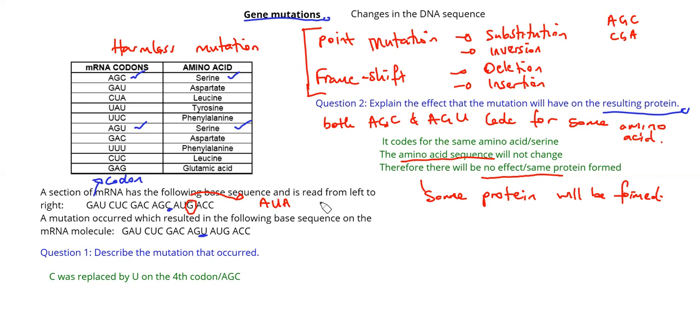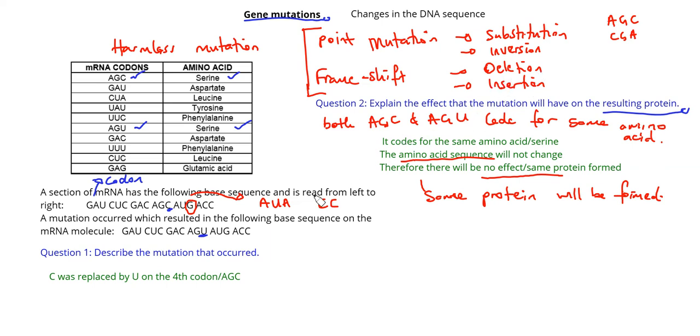Then the last one will be C and C. That now is causing a frame shift because it needs to fill up the gap that was created there. Once we remove G, we're left with a gap, so A has to move and replace that gap. That's what we call the frame shift. So if one base is deleted, it's going to cause a frame shift in the base sequence.